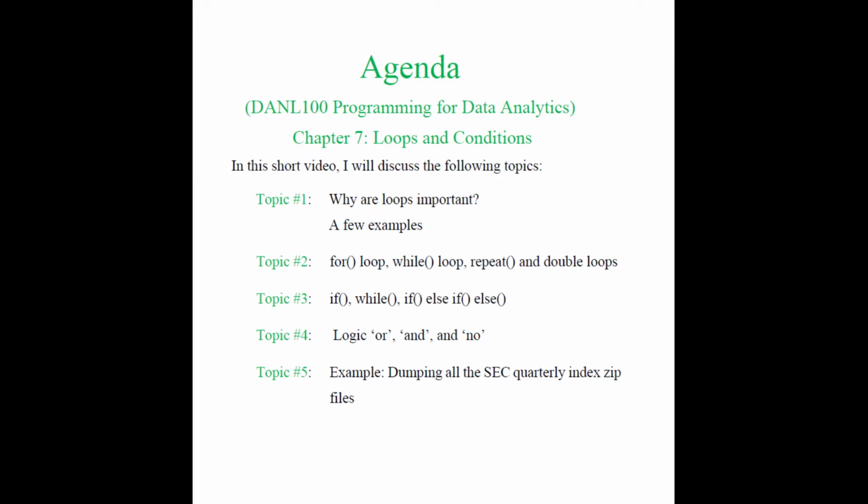Topic number 1, why are loops important? I'll give a few simple examples. Topic number 2, for loops, while loops, and repeat, and the double loops. Topic number 3, various conditions, if condition, while, if, else, and different combinations.